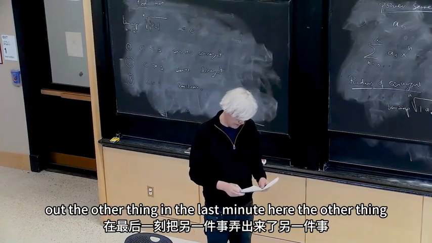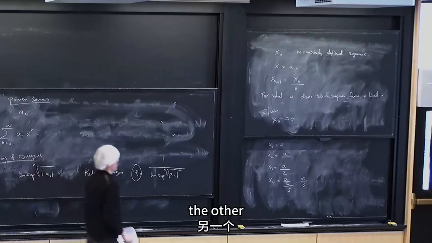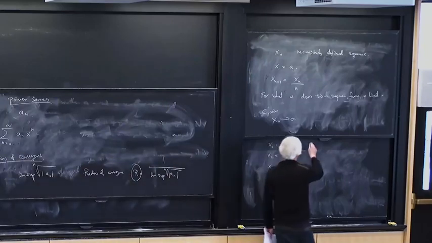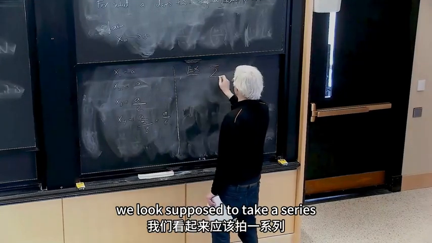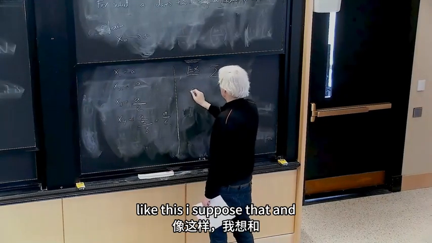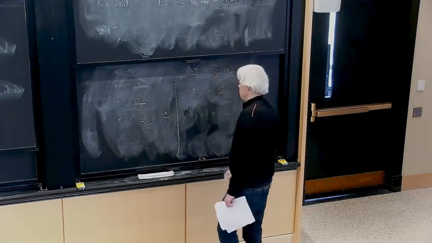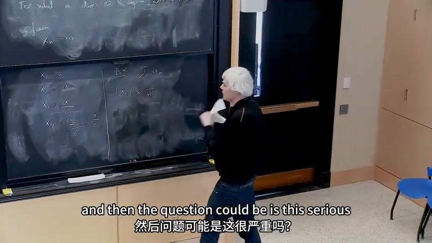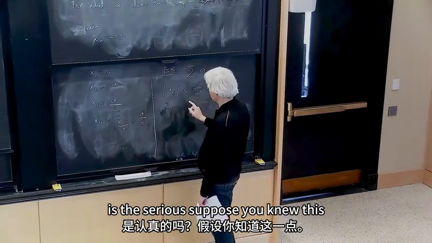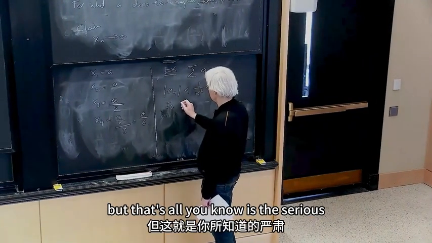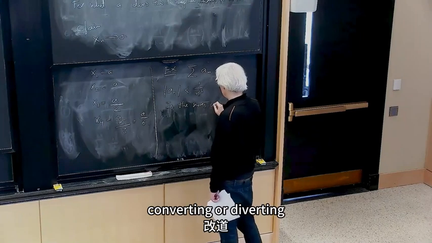The other thing, in the last minute here: suppose you take a series like this, and suppose that a_n is less than 1 over n squared. Suppose you knew this, but that's all you know. Is the series convergent or divergent?